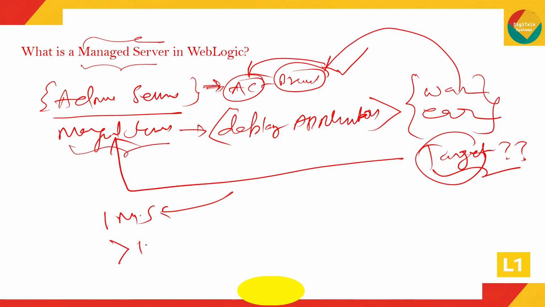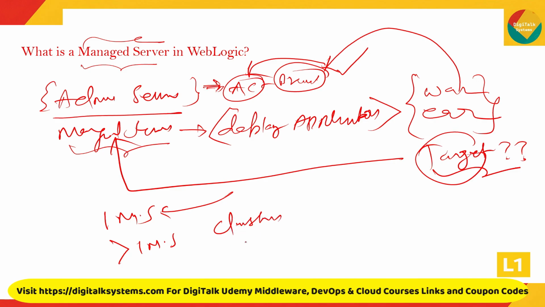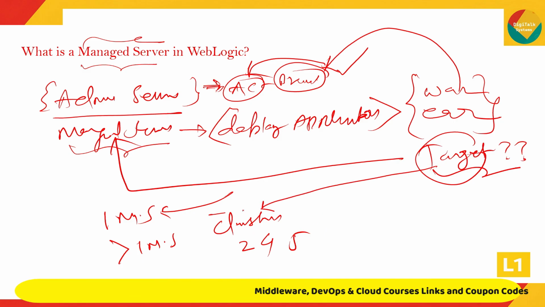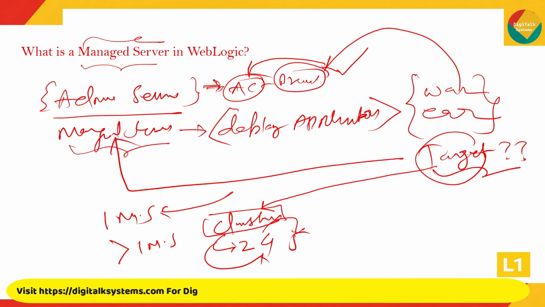If we have more than one managed server, which could be part of a cluster, there could be two, four or five managed servers in a cluster, then you can target the application to the cluster. When you target the application to the cluster, it will automatically deploy to all the managed servers that you have inside the cluster.